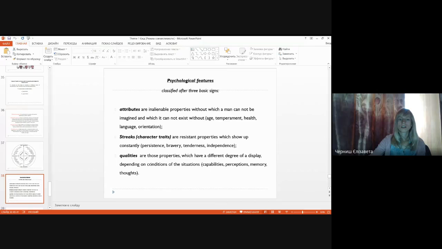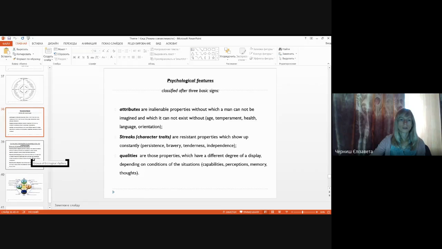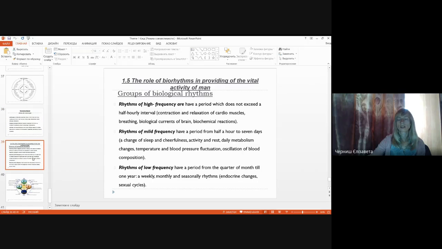We have nationality, language, orientation, age, temperament, health level, condition of our health, some character traits, strengths, properties, and qualities. The condition depends on the features of our body and our level of development. So these features can be discussed, and the classification can be different.